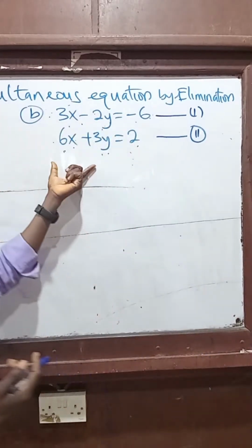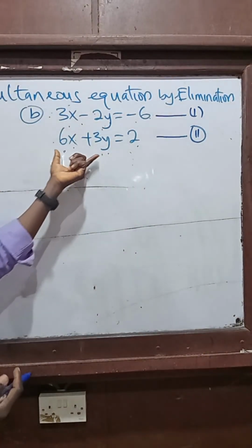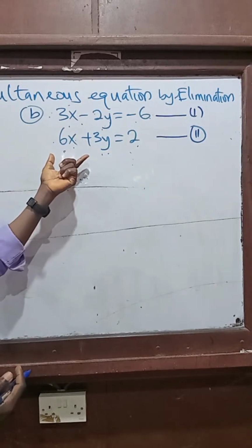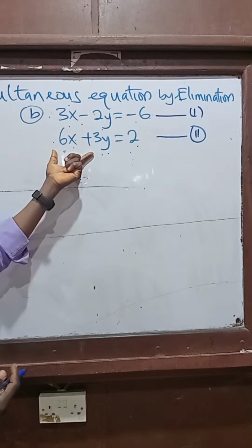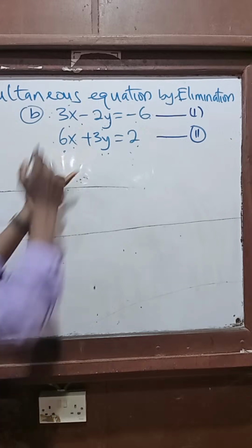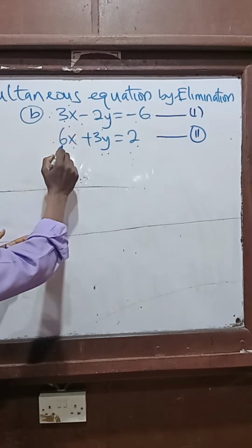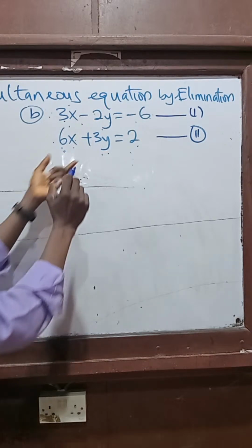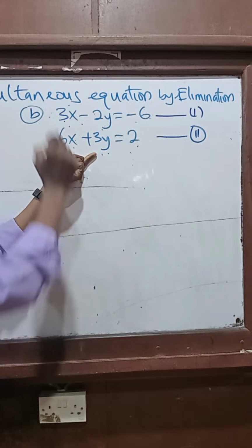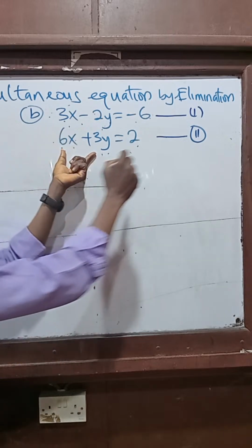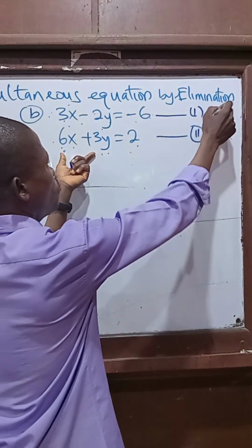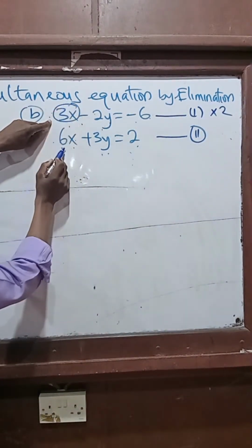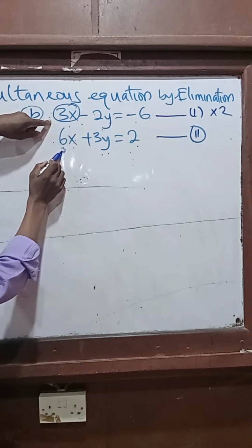So what we are going to do here is check the coefficients. That's step 1. This is 3 in the first equation. This is 6 in the second equation. If I want to destroy the variable x, what I will do is multiply equation 1 by 2 so that we can have 6x here, the same as the second one.